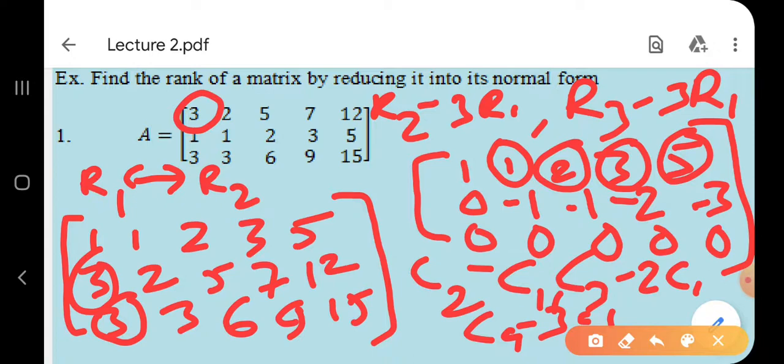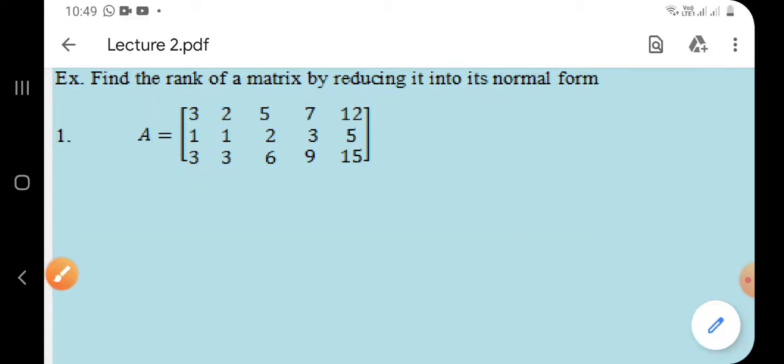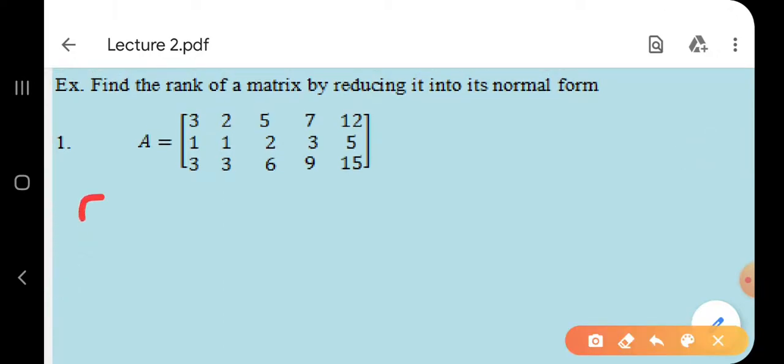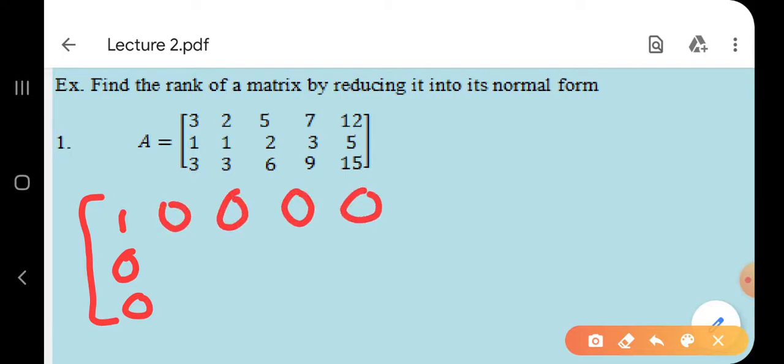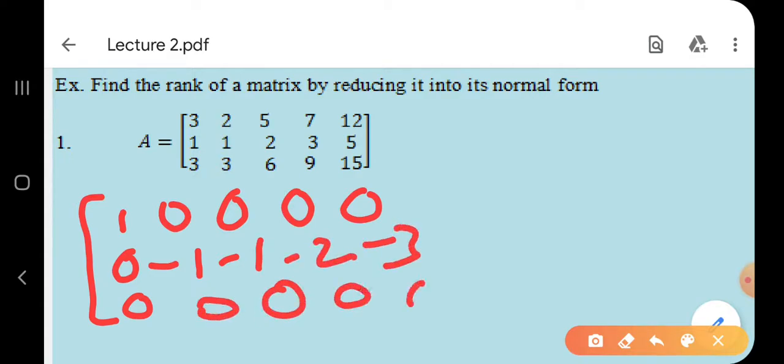And we get 1 minus 1 0. Other elements remain as they are because there is 0 in addition, so only these elements become 0. So do the calculation and make it 0. So here I get 1 0 0, then 0 0 0 0, because we have to make the operations that way. Minus 1, minus 1, minus 2 and minus 3, and 0 0 0 0.